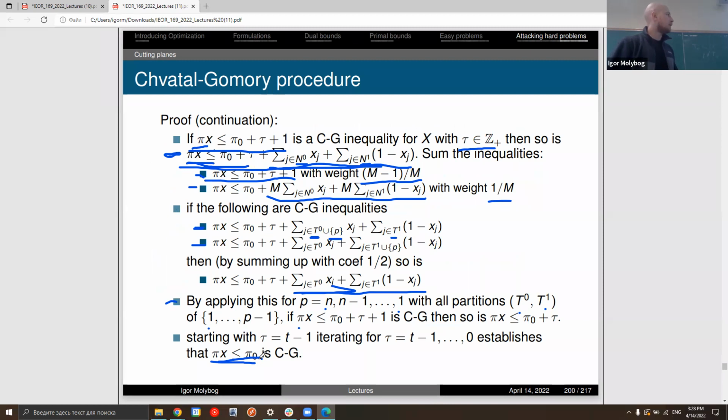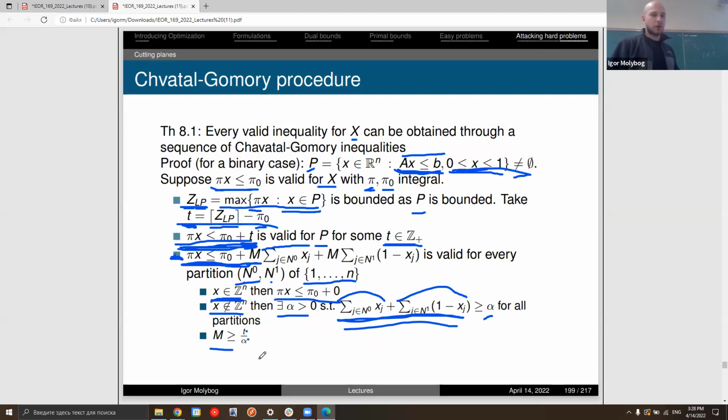You'll not have to prove it during the exam, but it's important to know that the CG procedure is in fact basically a complete algorithm.